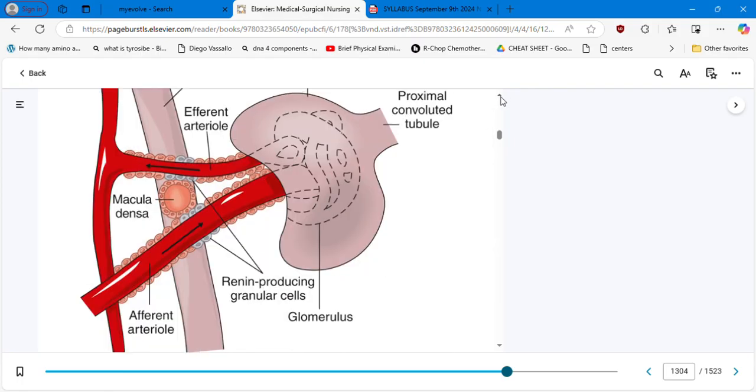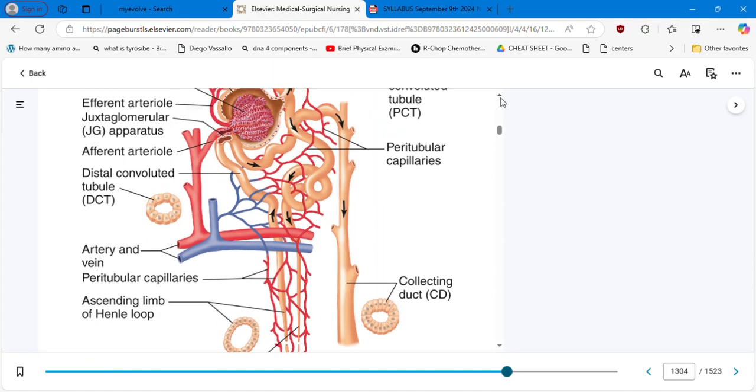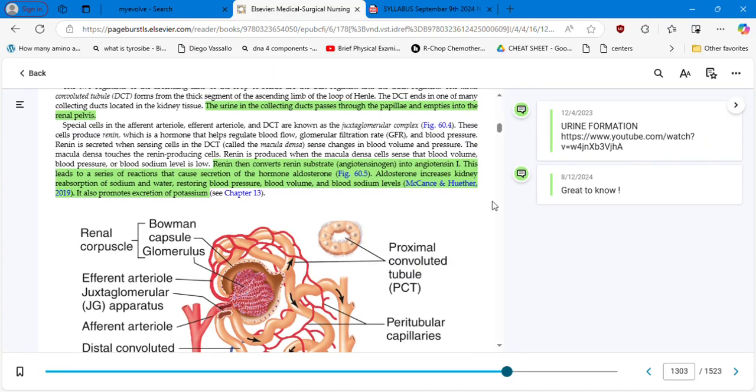So now that we have clarified this, let's go back to the theory. These cells produce renin, which is a hormone that helps regulate blood flow, glomerular filtration rate, and blood pressure.